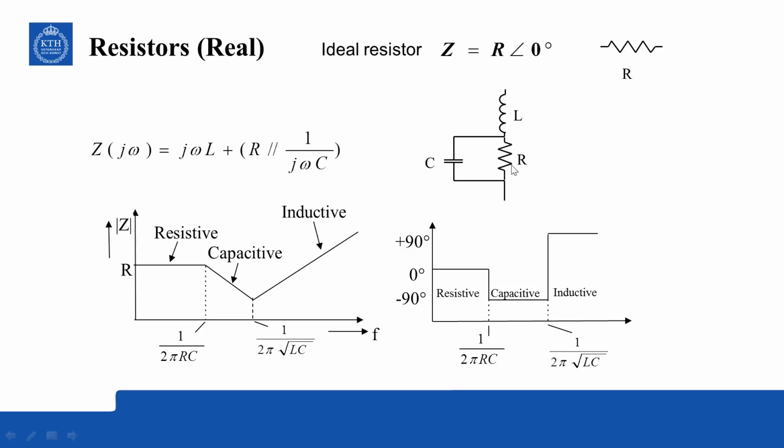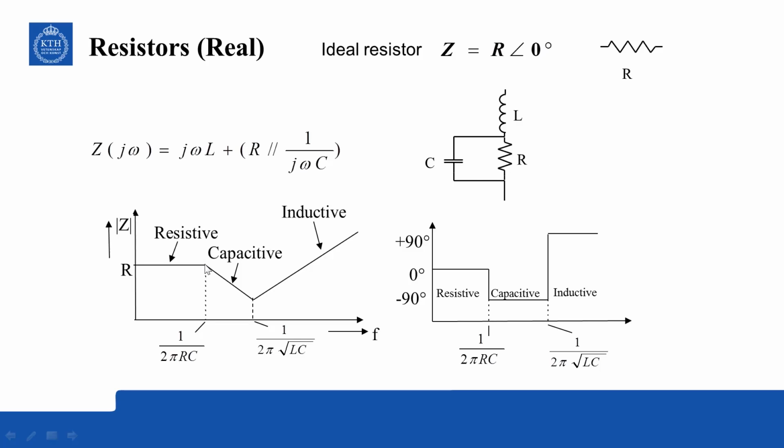Now as you move away from the DC value, you can see that at one point resistance R becomes equal to 1 by j omega C, and that point is given by this. So the capacitive impedance is coming from a very high value, so they are in parallel combination.